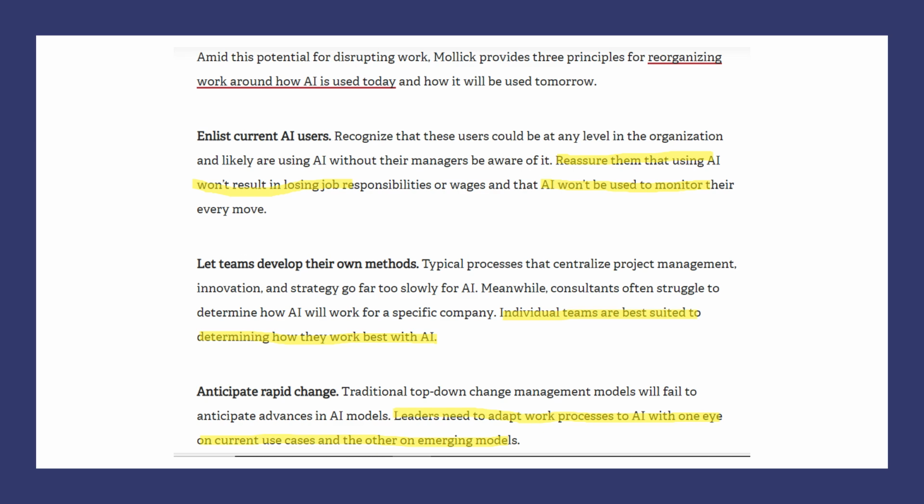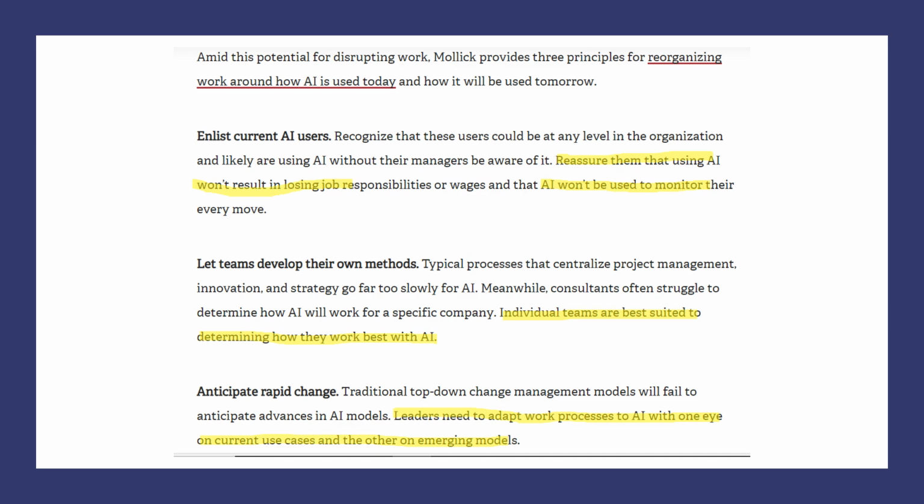Mollick is providing us three principles for reorganizing the work around how AI is used today and how it will be used tomorrow, right? The first principle is enlist current AI users.